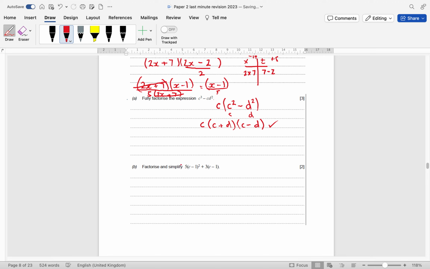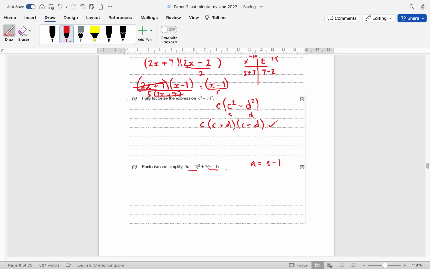Yikes. This one, again, just blows my mind, but okay. Right. It's 5 this squared plus 3 this. If we get one of these to factorize, I'm just going to call this bracket A. You're going to be confused now because I'm using different letters. It doesn't matter what, right?